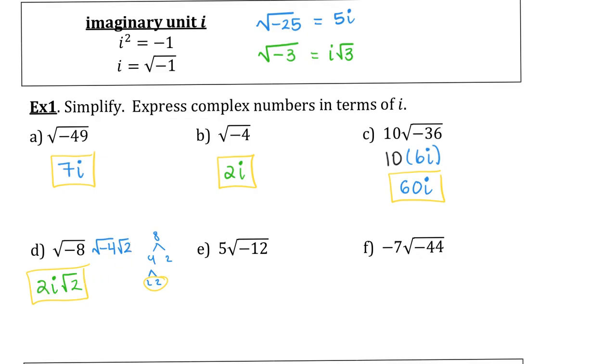Let's try the next one. This is 5 times the square root of -12. The square root of 12 is irrational, so I'm going to simplify it. If you do a factor tree on the side, that's fine. I'm going to show my steps here. 12 is 6 times 2. No, 4 times 3. Yes, it's 4 times 3, but it's imaginary.